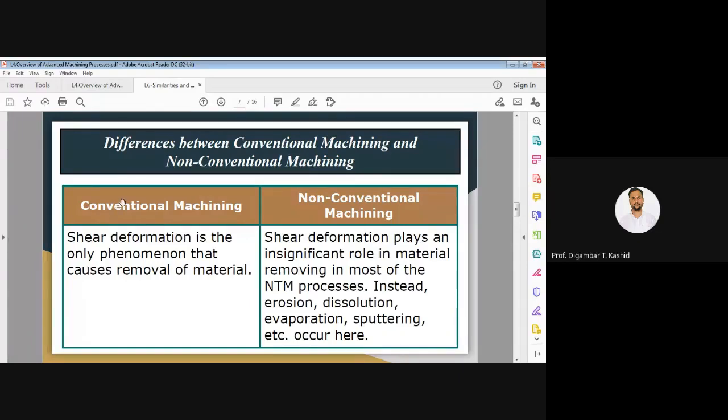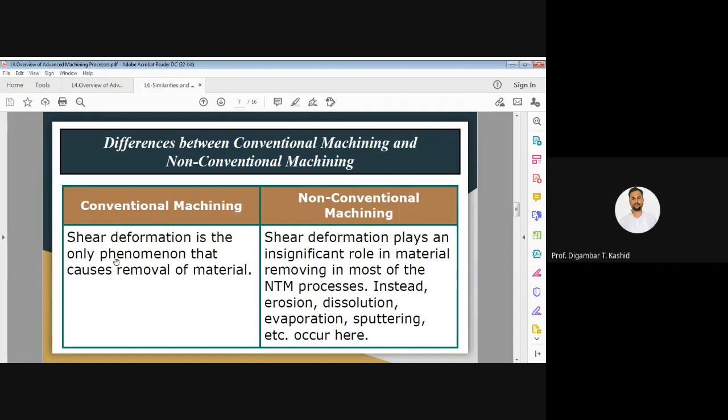In conventional machining, shear deformation is normally the only phenomenon that causes the removal of the material. Please remember this.